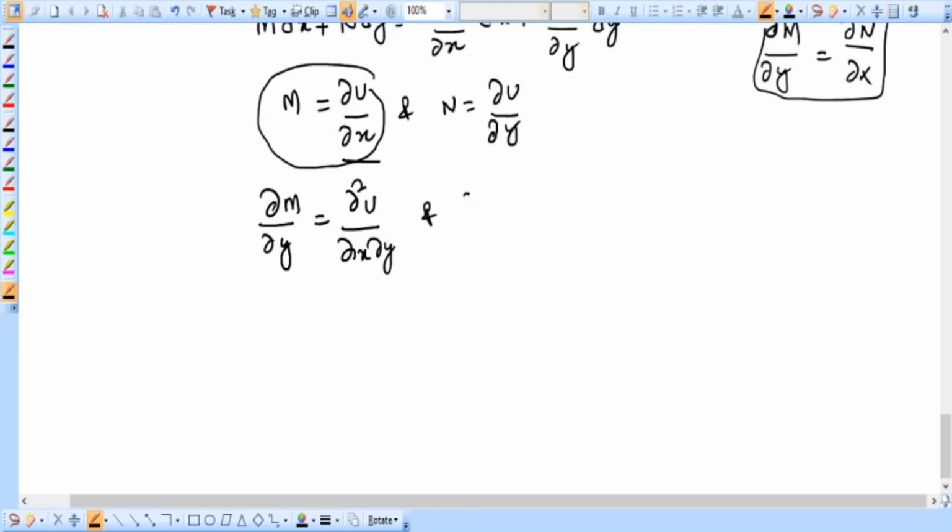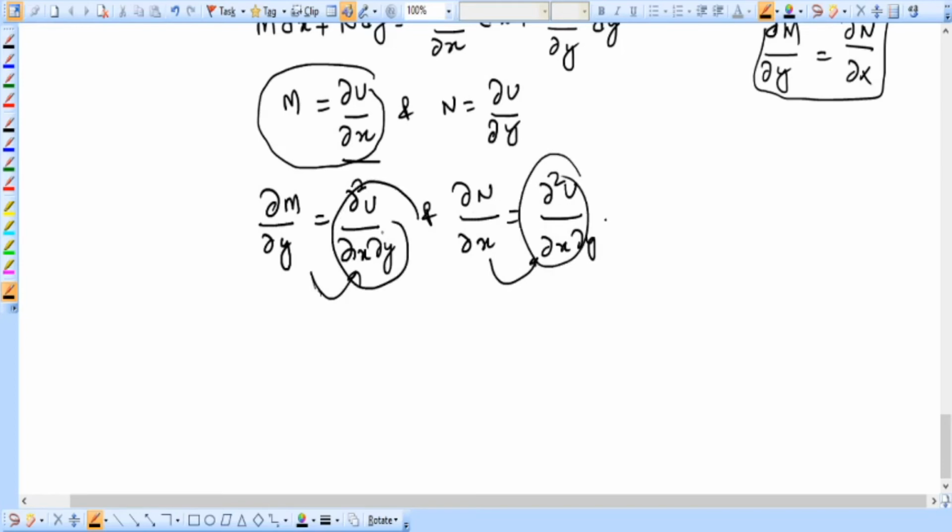And similarly ∂N/∂x would be equal to the double derivative ∂²u/∂x∂y. Now you see this is equal to this, and this term and this term are equal, therefore ∂M/∂y must be equal to ∂N/∂x, hence the first part. So इस तरह से first part prove हो गया है.